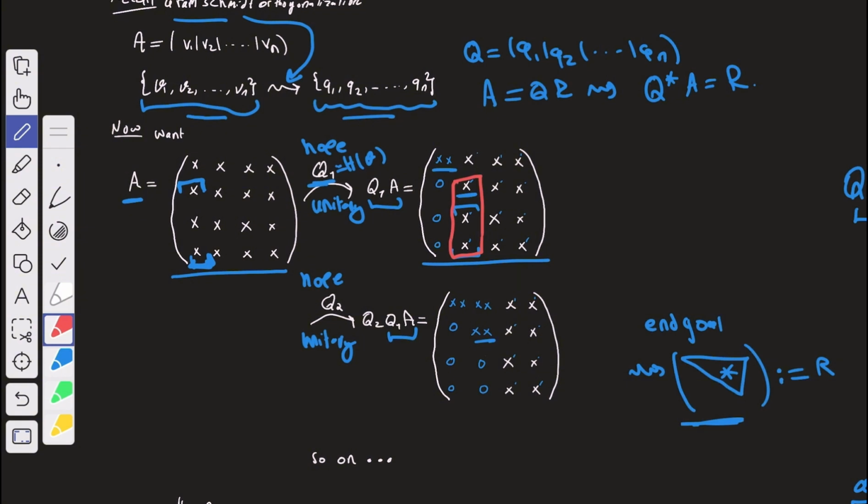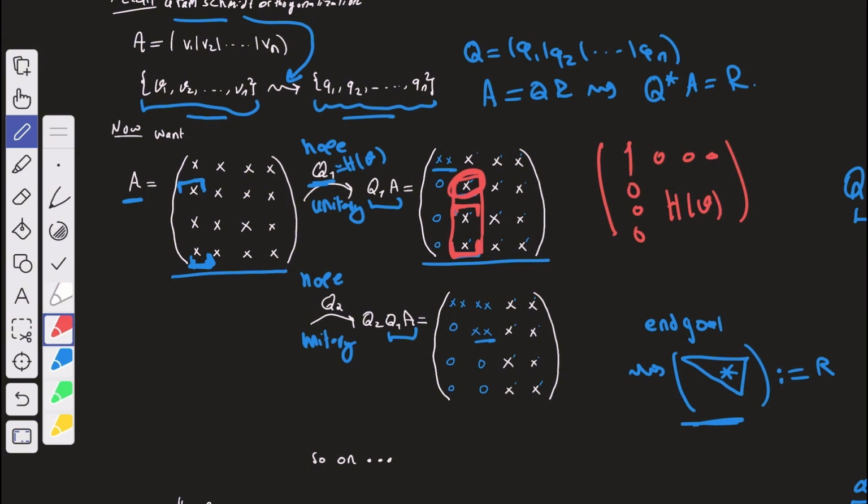So how do we do that? To do that, we're going to introduce a 1 here and zeros elsewhere, and then we're going to use the matrix H of v that would help us to zero out the entries below this entry. If we do that, we will be preserving this entry. We won't be zeroing it out, and we will instead be zeroing out the 2 entries over here.